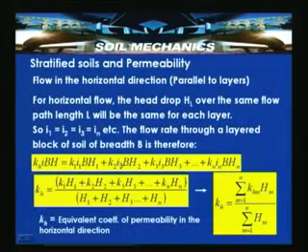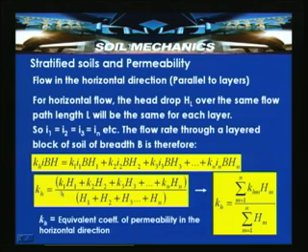So, similarly, writing for layer 1, layer 2, layer 3 to layer n, we can write K1 I1 BH1 plus K2 I2 BH2 plus K3 I3 BH3 to Kn In BHn. So, KH, the equivalent coefficient of permeability in the horizontal direction, is equal to K1 H1 plus K2 H2 plus K3 H3 so on to Kn Hn, divided by H, the sum of H1 to Hn.